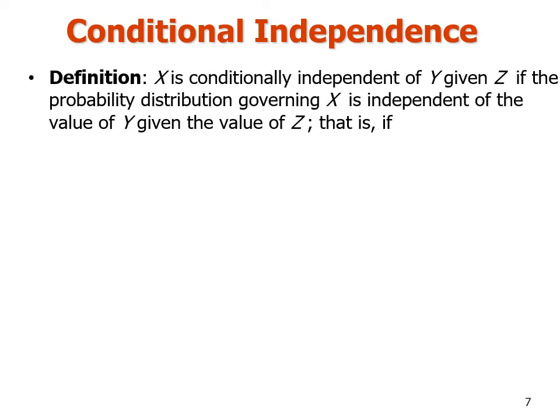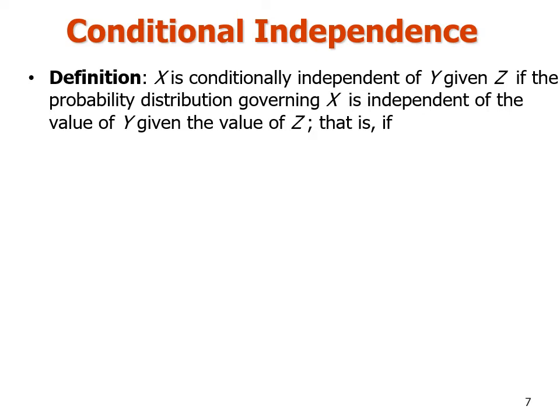We say that x is conditionally independent of y given z if the probability distribution governing x is independent of the value of y given the value of z.